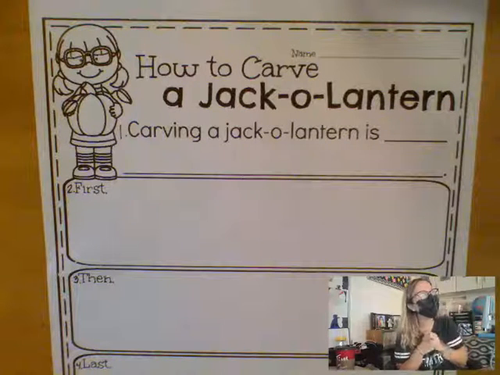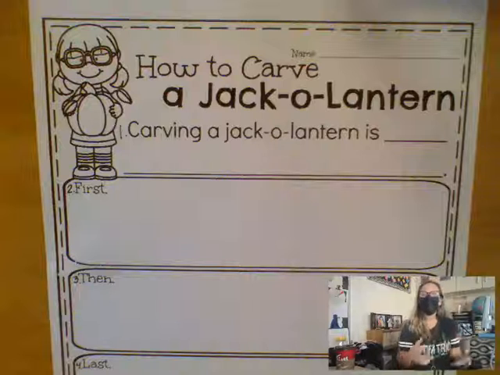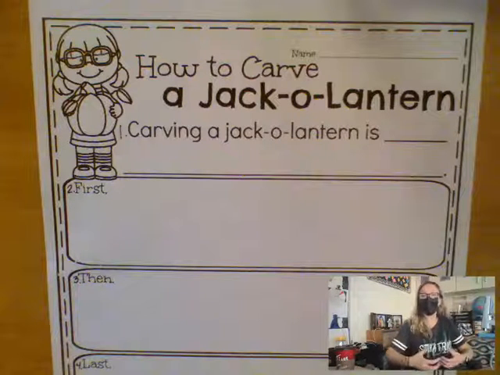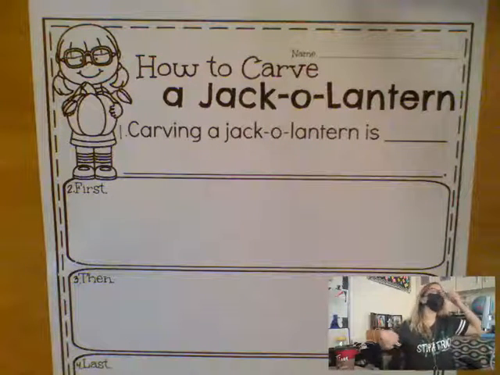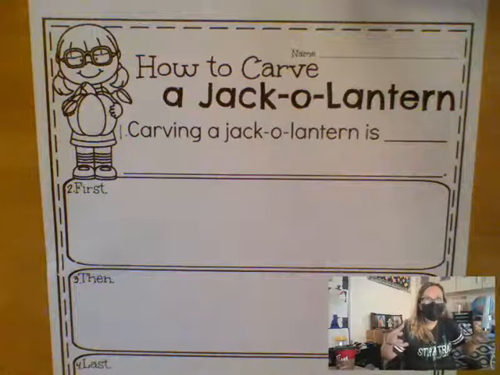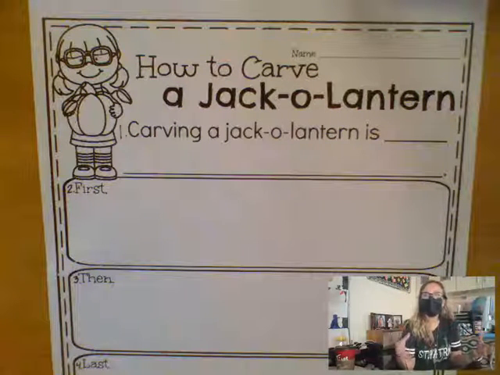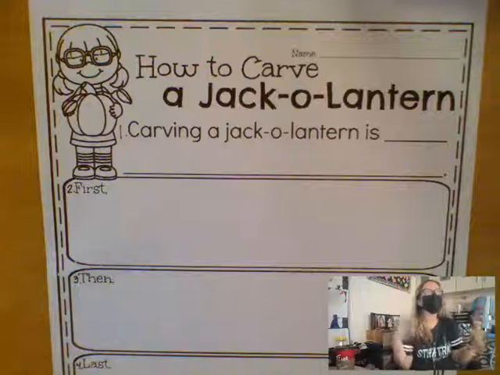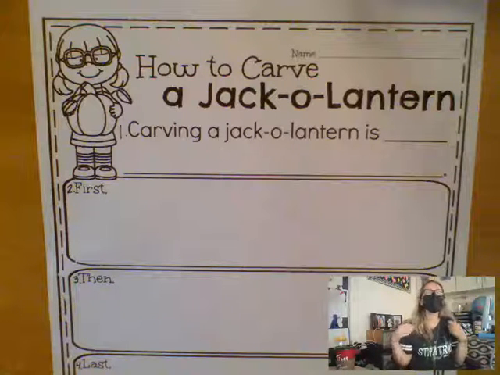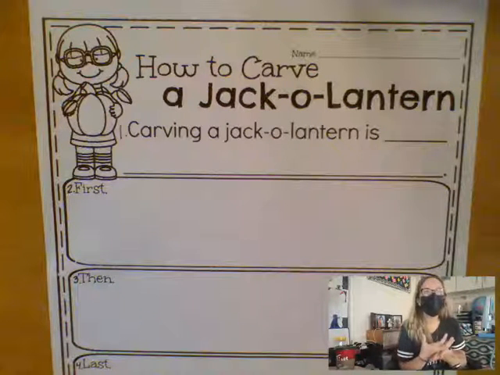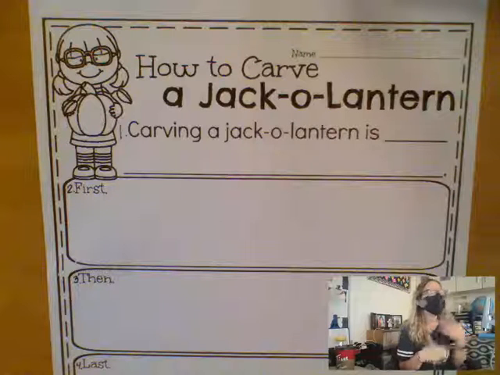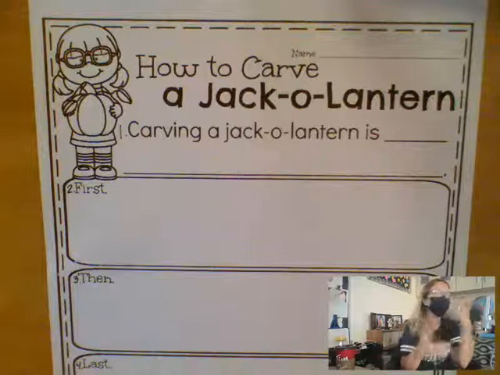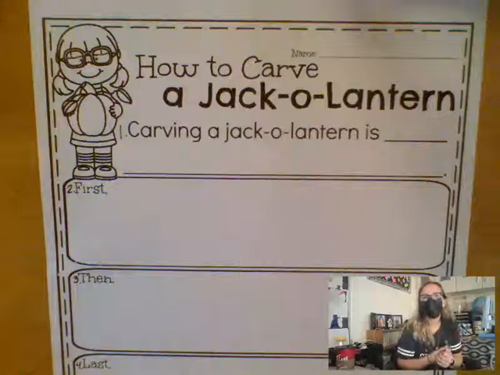A brainstorm. Good job. And when we were brainstorming for our Halloween writing, we put down all kinds of ideas about things we like about Halloween. So the first step in the writing process is to brainstorm possible things you want to write about.